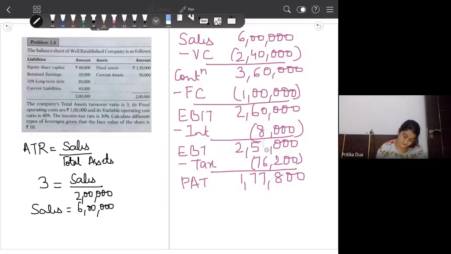So your tax comes to 75,600. This is 1,76,400.